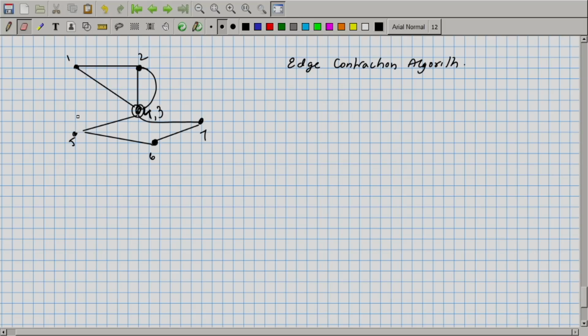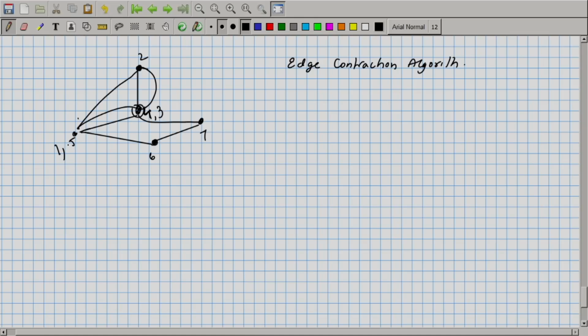When we do that, we will essentially get one particular super node. So, 5 1 will be this, and this edge would be there, and this edge would also be there.